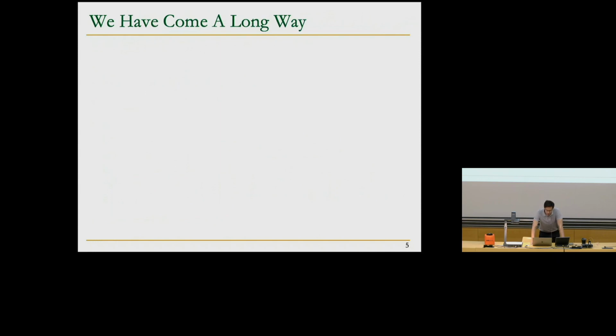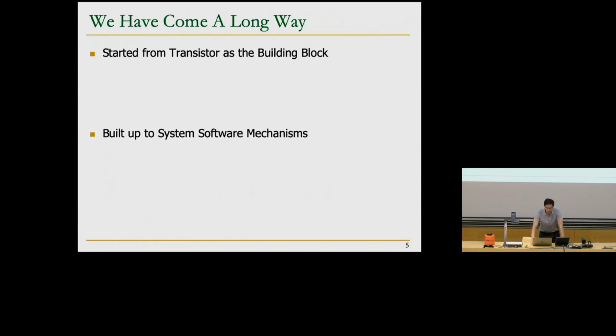And this was a long way since the beginning of the course. We started with the transistors as building blocks, and we ended up talking even about system software mechanisms. Maybe not as much as we would have liked, but still we did.